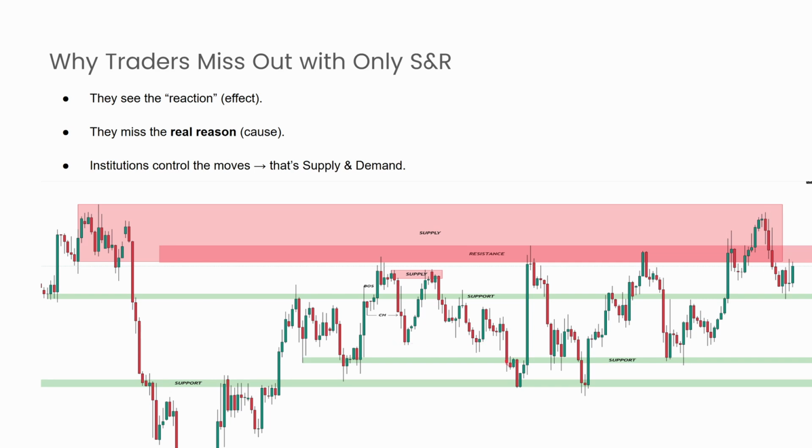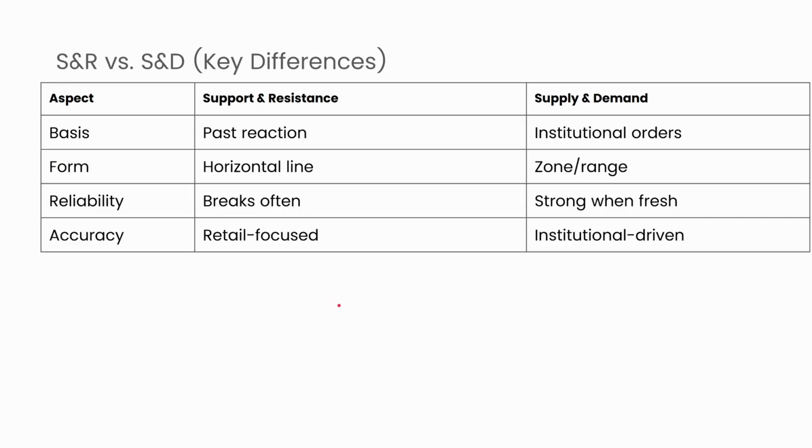And by the time it is touching, it is breaking the level again. But when it comes to supply, this level here did not break even an inch. It is still intact. That is the key difference between the two.